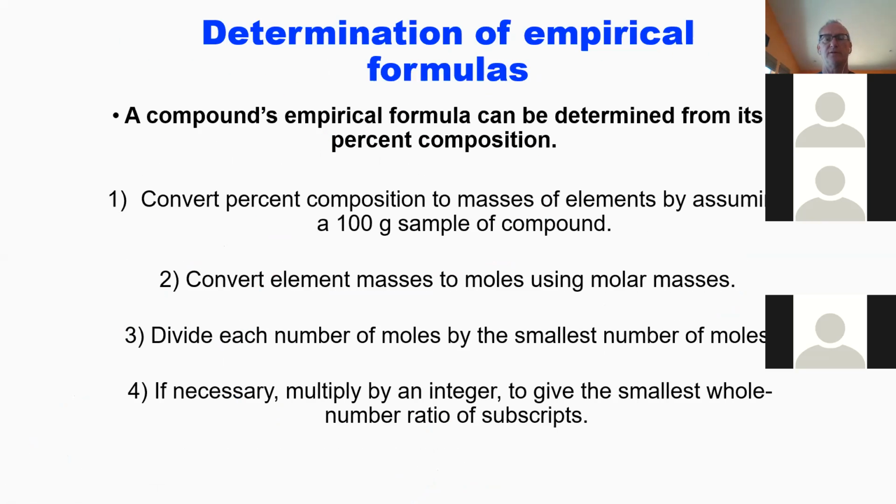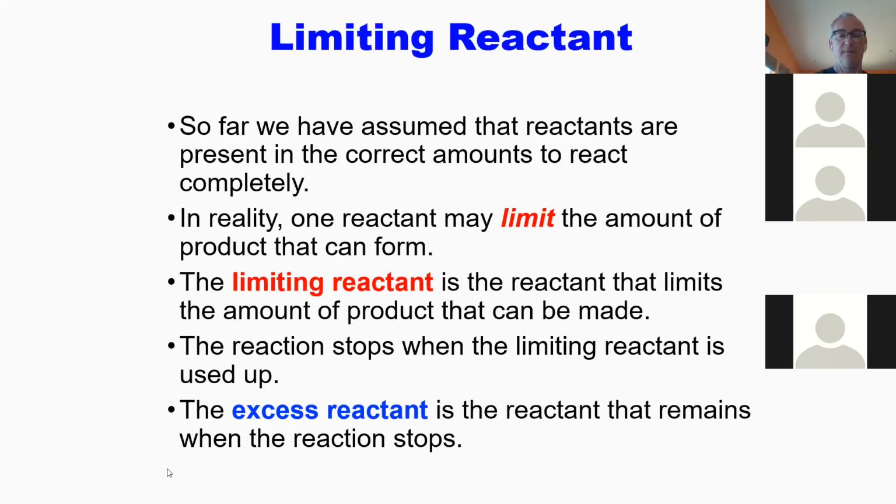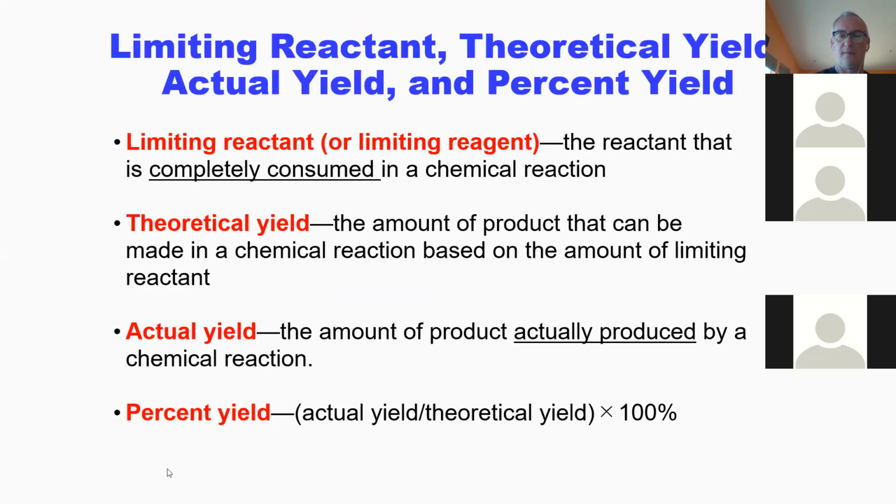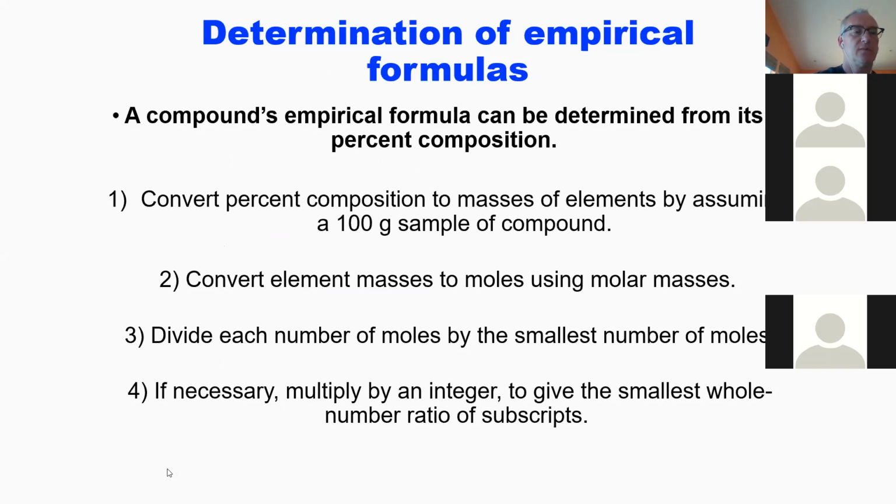All right. So determination of empirical formulas. We sort of did this early on. And the easiest way to do this was to take percent composition, like if it was, say, 80% carbon, 20% hydrogen, we would say, okay, how am I going to figure out what the formula of that compound is?